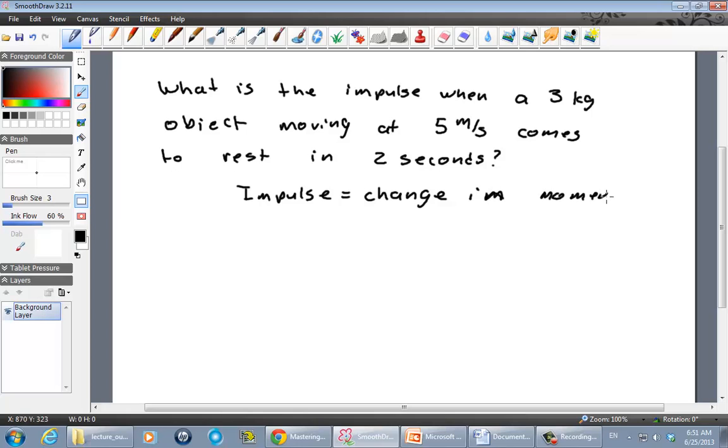Okay, how are we going to write change in momentum? Change in momentum will be our final momentum minus our initial momentum. What's our final momentum? It's our mass times our final velocity. What's our initial momentum? It's our mass times our initial velocity.